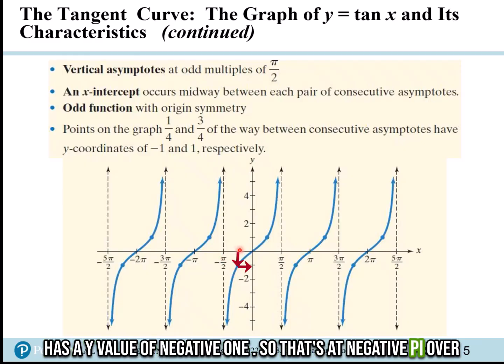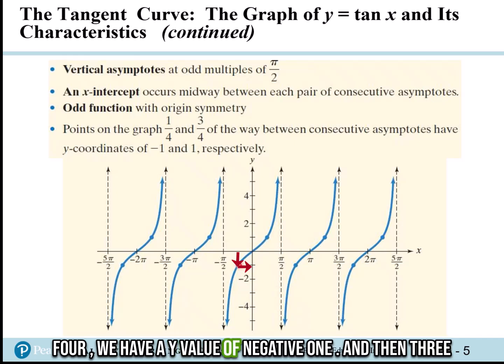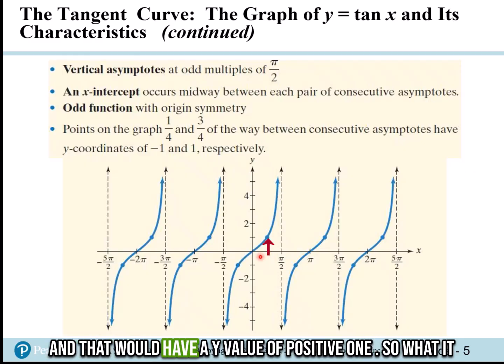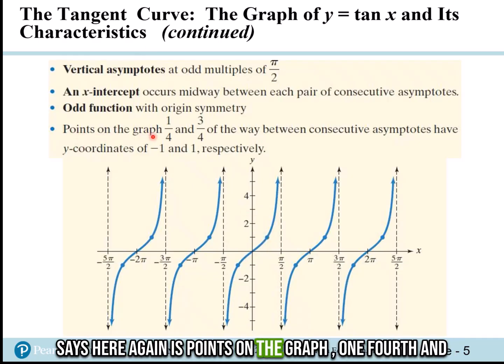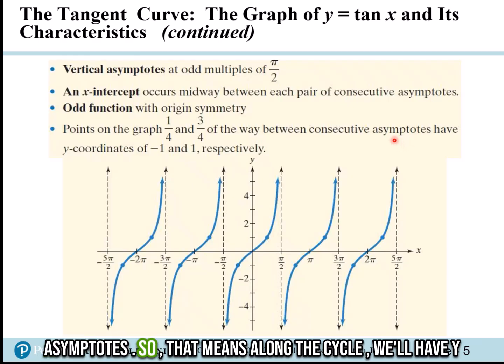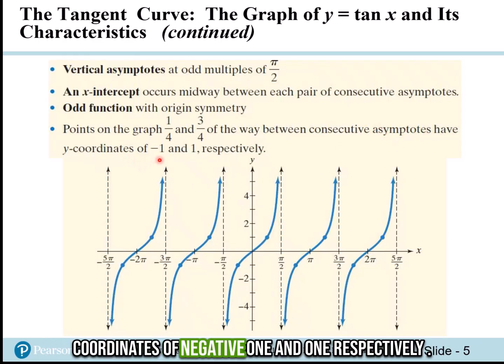So at negative pi over 4, we have a y value of -1, and then 3/4 of the way, the x value would be pi over 4, and that would have a y value of positive 1. So what it says here again is points on the graph 1/4 and 3/4 of the way between consecutive asymptotes have y coordinates of -1 and 1 respectively.